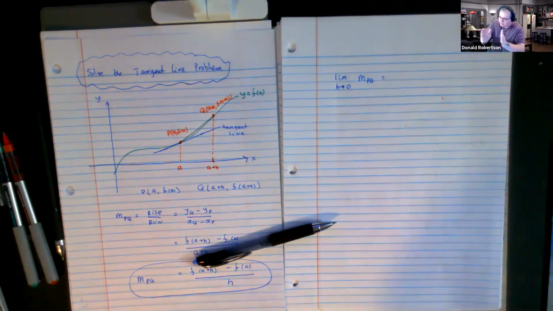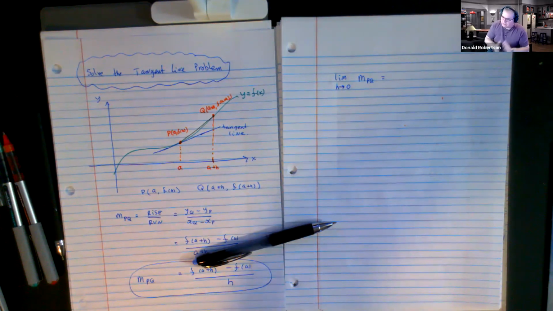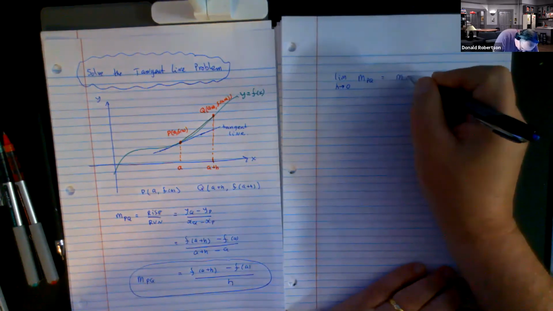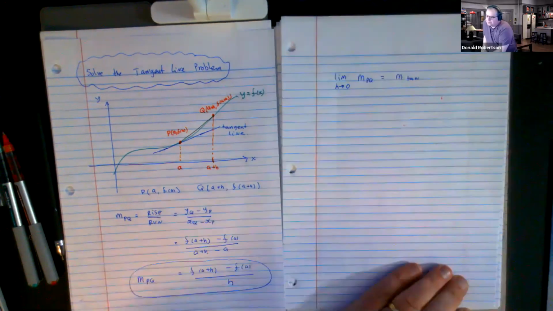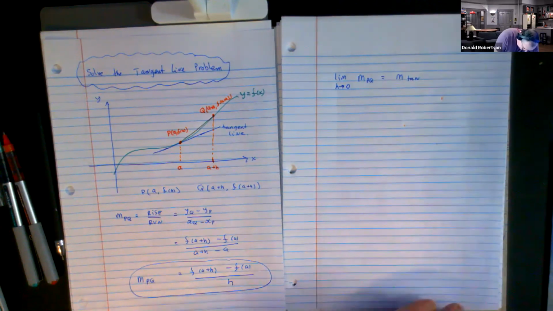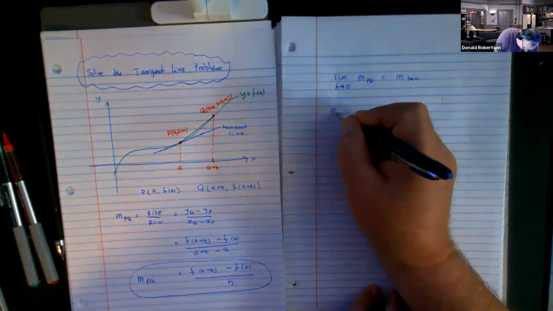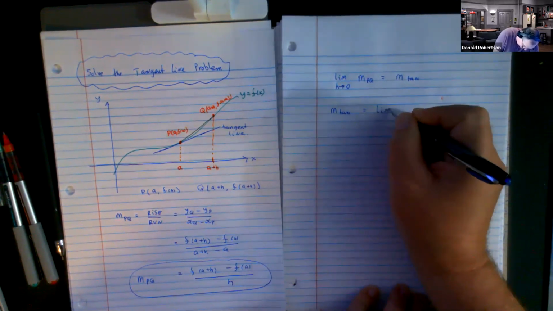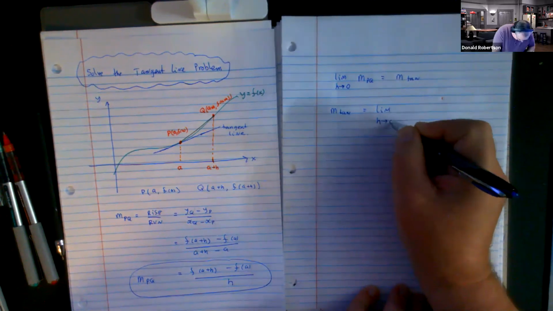You make h smaller and smaller, so you make h go to 0. Now notice it's a limit as h goes to 0. I'm not saying it's exactly 0, it's its limit. Then won't that be the slope of the tangent line? So that's how we're going to solve the problem. The slope of the tangent line is going to be the limit as h tends to 0 of this expression.